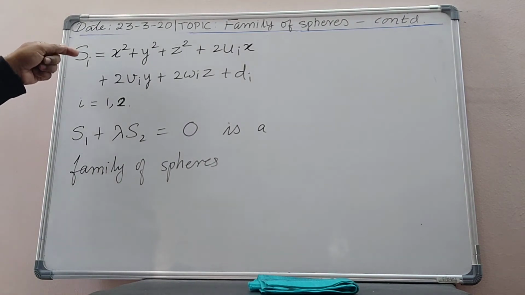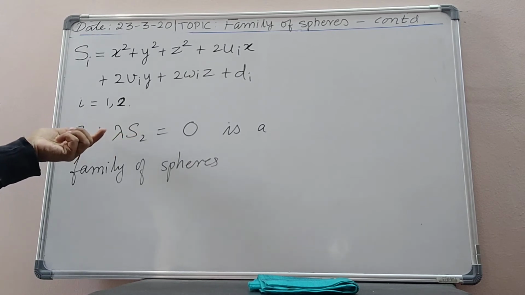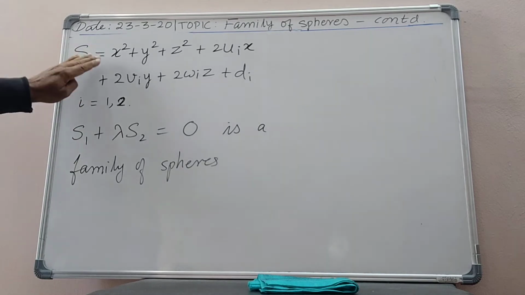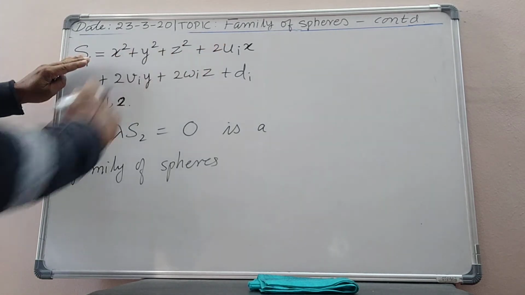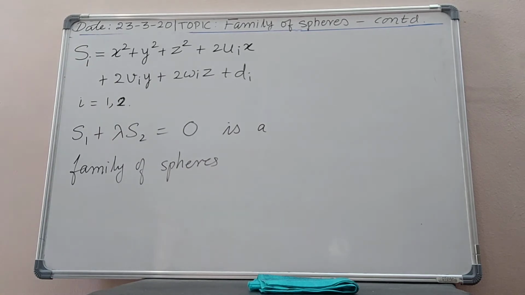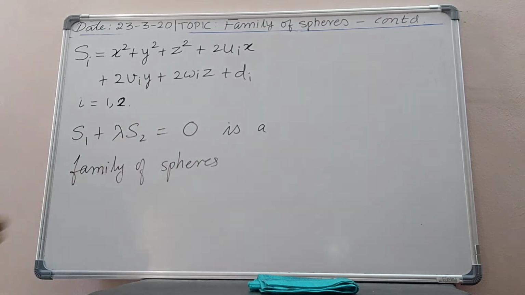So, you know, this expression on the left hand side will be an equation of this kind. Okay, so I'll just write it and show it to you. It is a family of spheres. Anything special about this family of spheres?